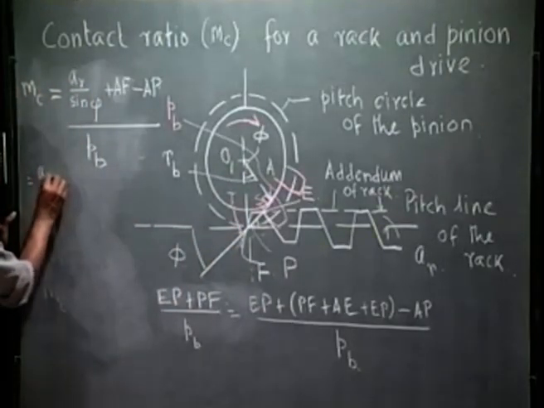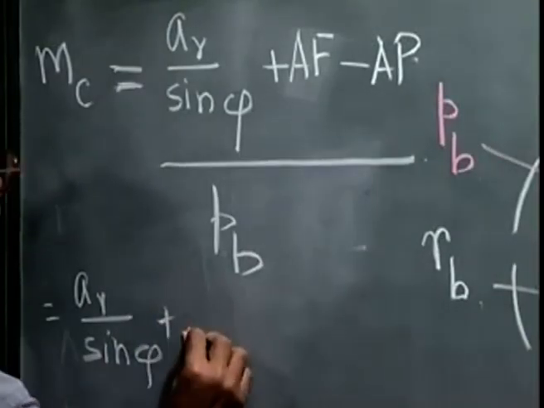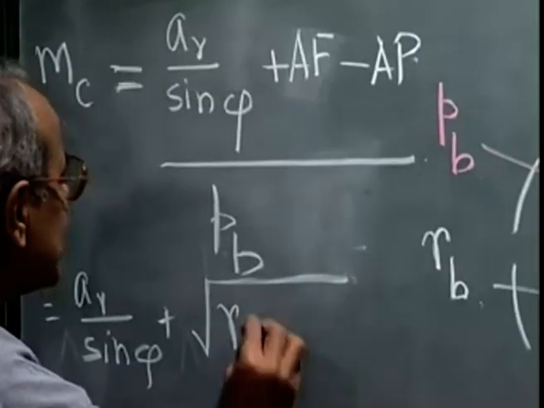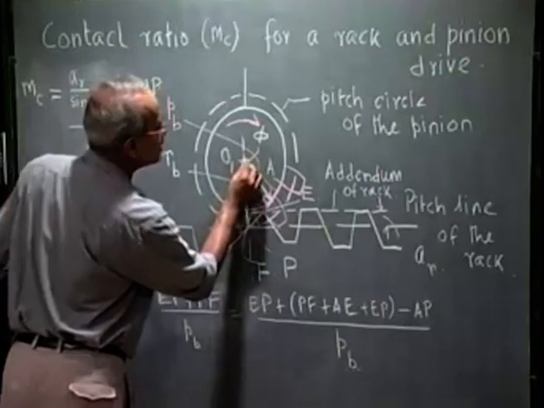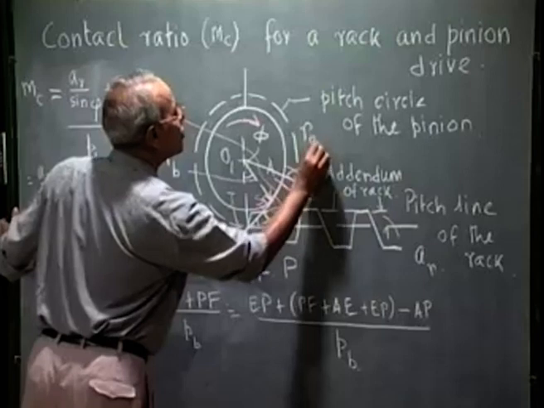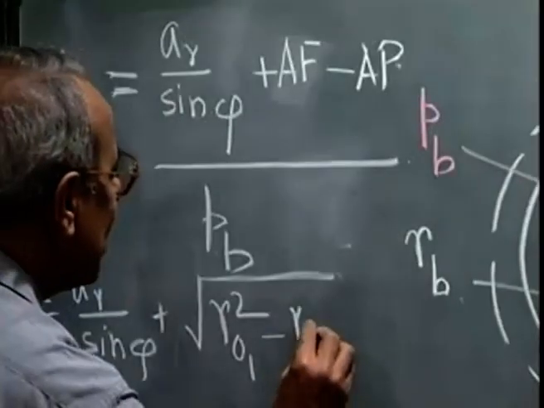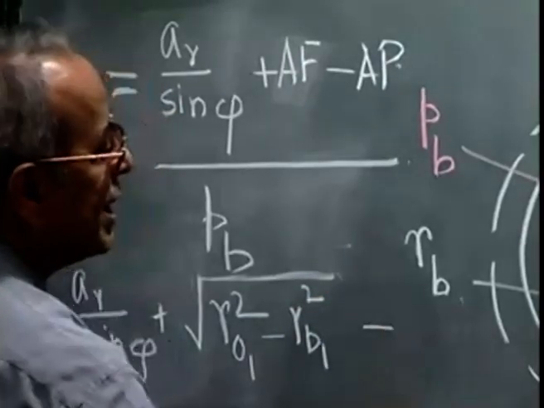So, this I get as AR by sin phi plus the square root of RO1 squared, that is the outer radius of the addendum circle, which I call R outer 1, minus RB1 squared, minus AP.